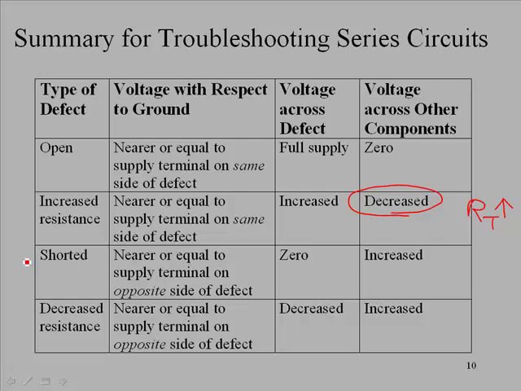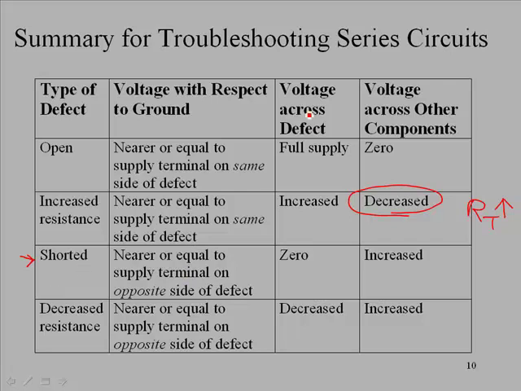Okay, shorted, and this is the one we talked about in the previous lesson. The voltage with respect to ground, near or equal to the supply terminal on the opposite side of the defect. And we talked about this, that the voltage would not equal the supply voltage, but it should be higher across every component, because every component now is going to have increased current, which will result in increased voltage, because the shorted component resistance is now out of the circuit.